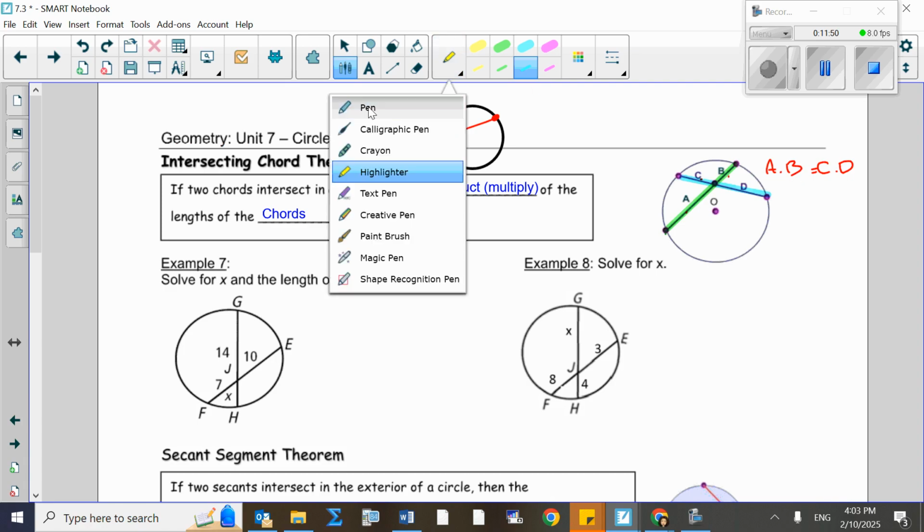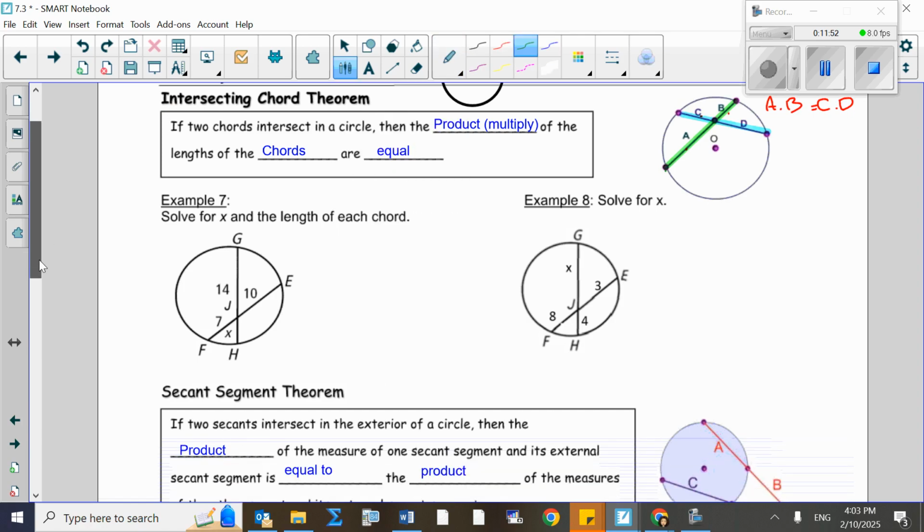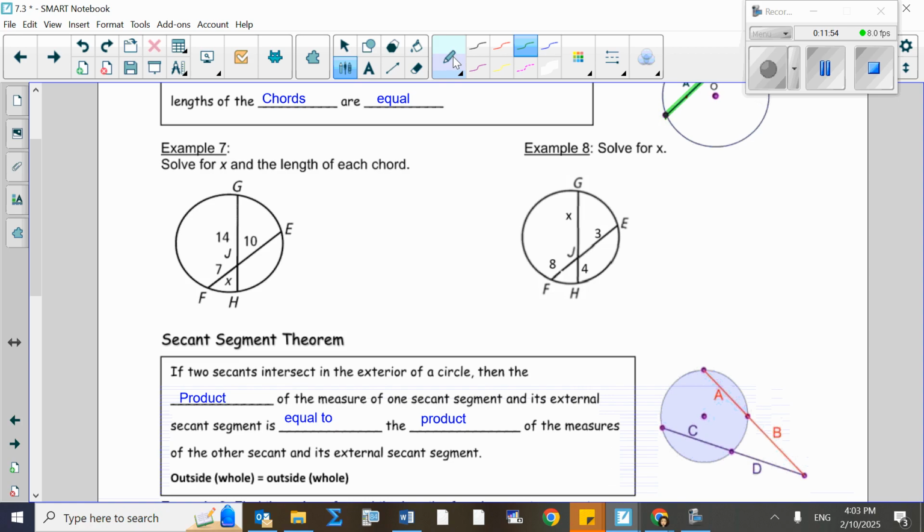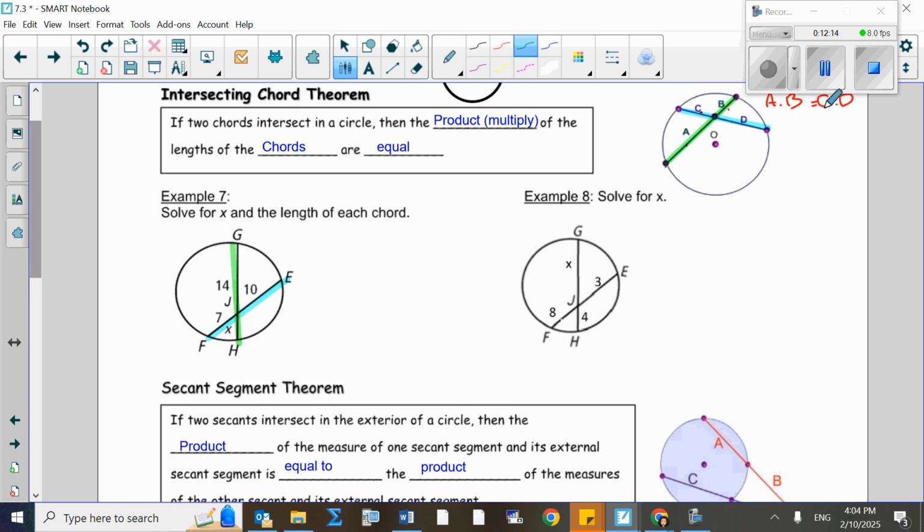So we're using the same theorem to work on this problem. I see that there are two chords here. One is this one, which has been divided into two pieces, 7 and 10. The other one is this; the parts are X and 14. I'm going to use that idea that we just did.